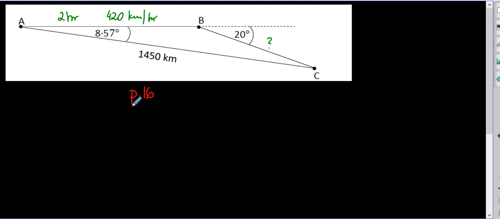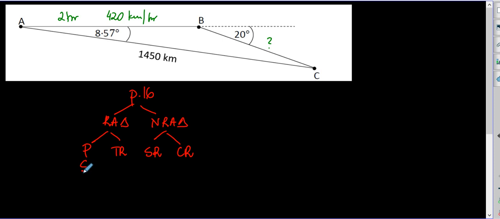So page 16, we know, is divided into two main parts, right angle triangle and not a right angle triangle. So that's always the first question that we ask ourselves. On the right angle, we have Pythagoras and trigonometric ratio, and on not right angle triangle, we have sine rule and cosine rule. Pythagoras formula involves 3 sides of the triangle.